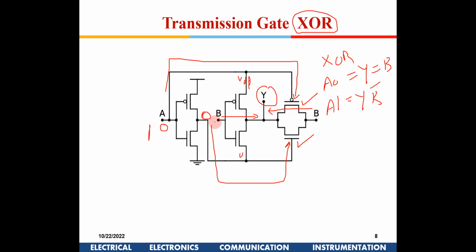You can say it's one inverter delay and one pass transistor delay, but since pass transistors have negligible delay, you could just call it one gate delay for this particular circuit. So this is how a transmission gate based XOR can be implemented. Is this operation clear to all of you? Okay.